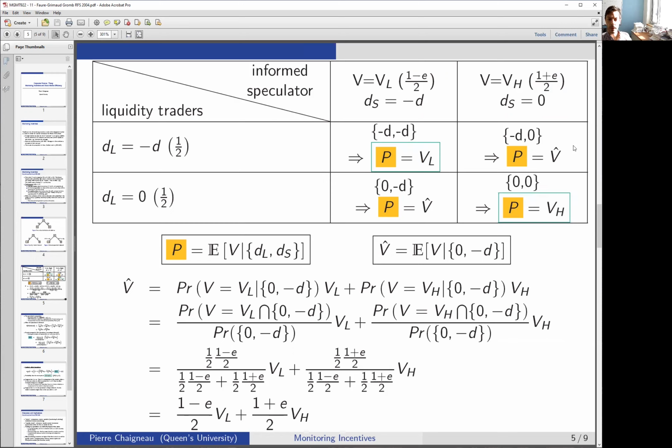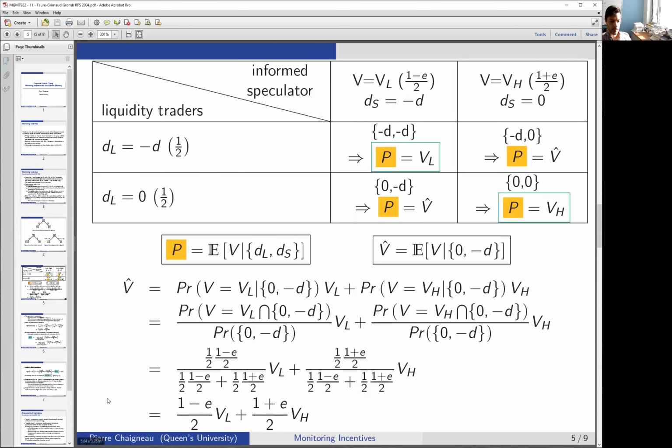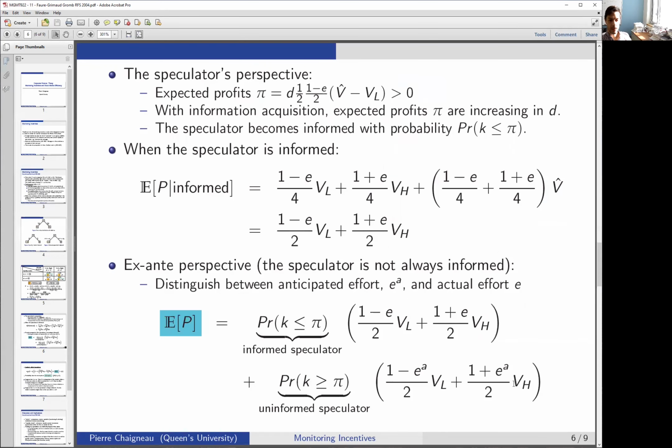And otherwise, the stock price will simply be equal to V hat. Okay, so this is what we have here. And if we use the expression for V hat that we got in the previous slide, we can rewrite it like this. This is the stock price conditional on the speculator being informed.